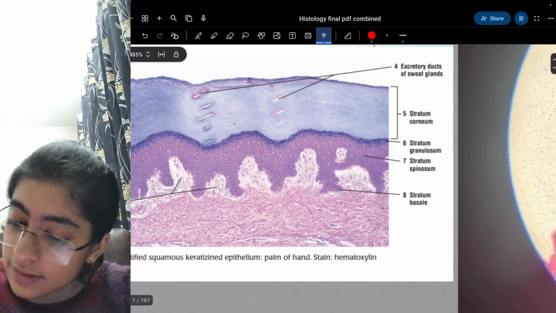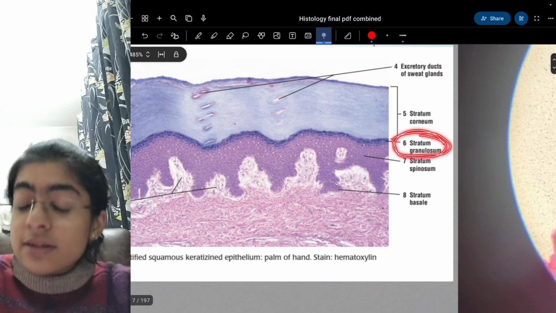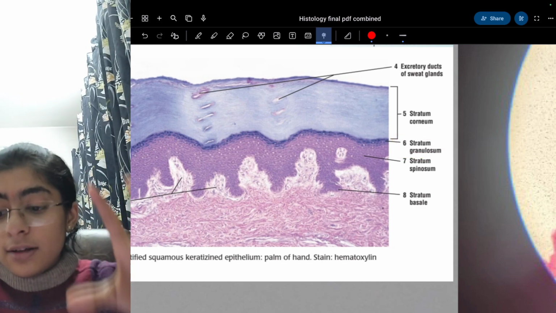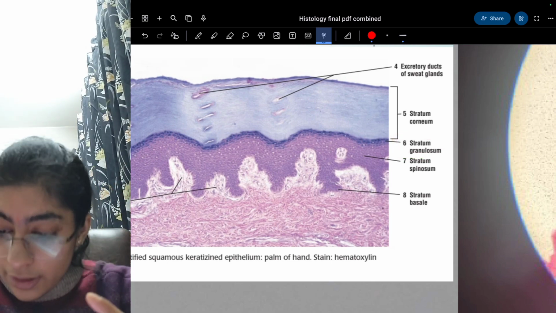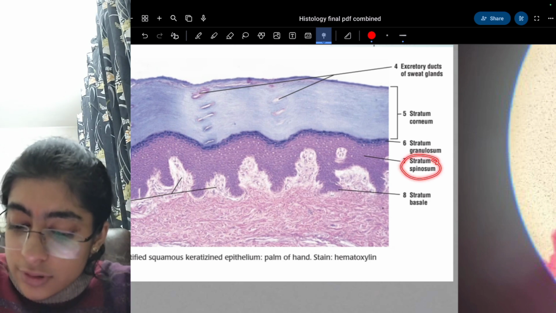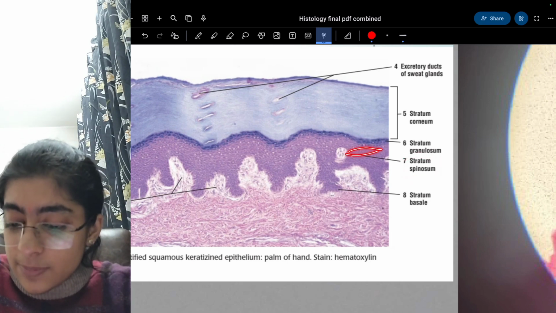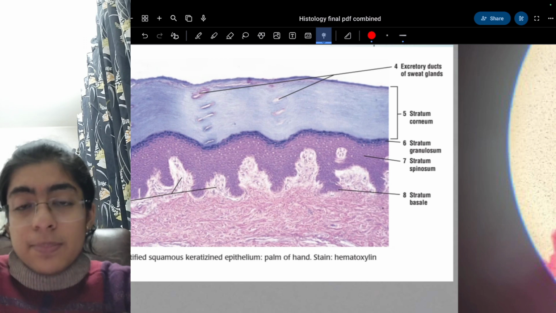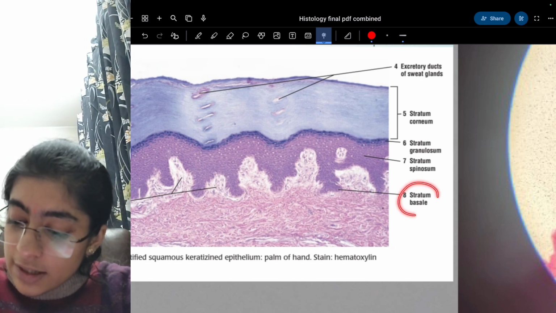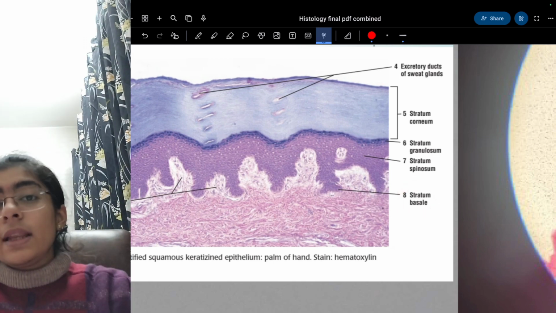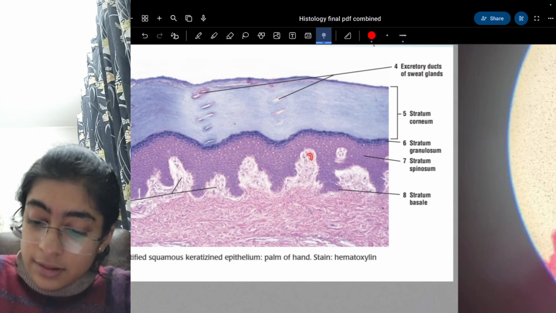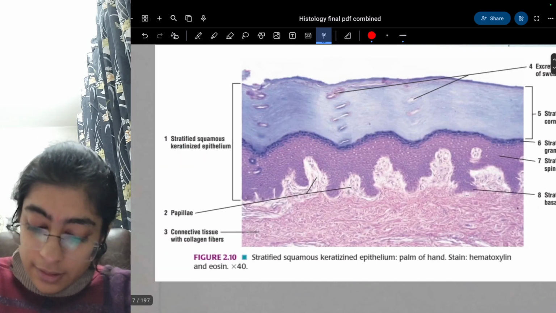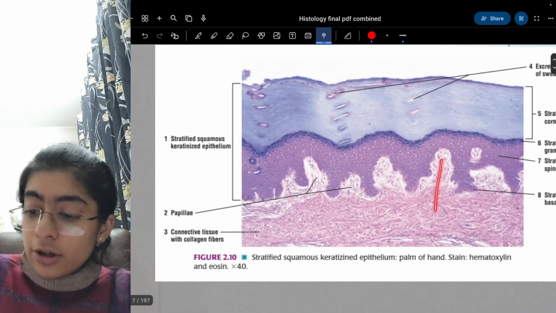Here I can see the stratum granulosum, where the cells are densely rich in granules. Here is the stratum spinosum, spine-shaped cells with sharp edges. And this is the stratum basale, which is mitotically very active. As written here, these are papillae, and this is the part of connective tissue.